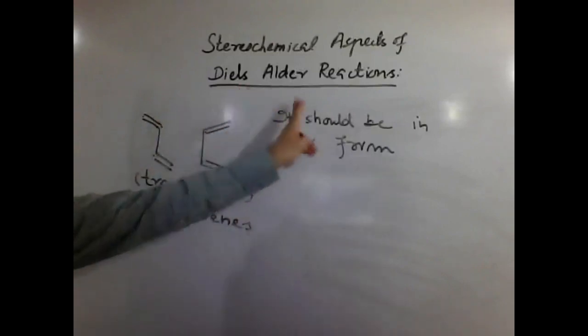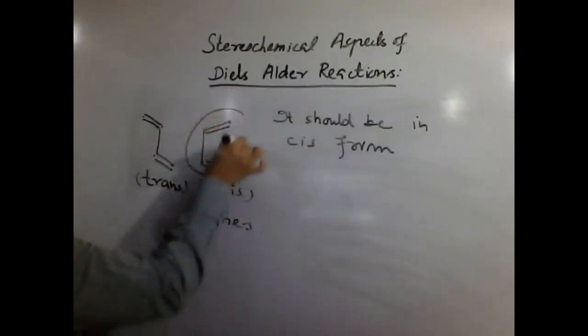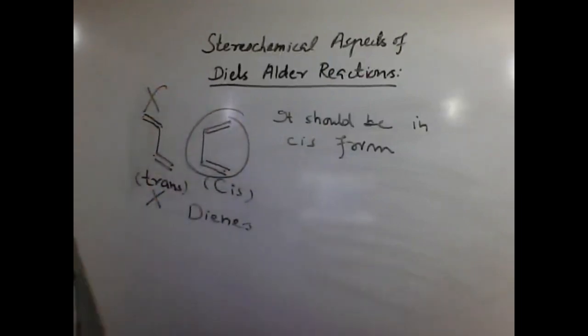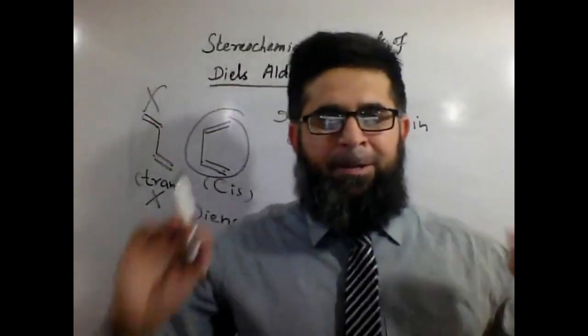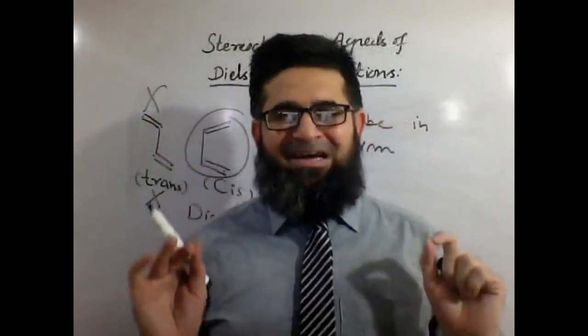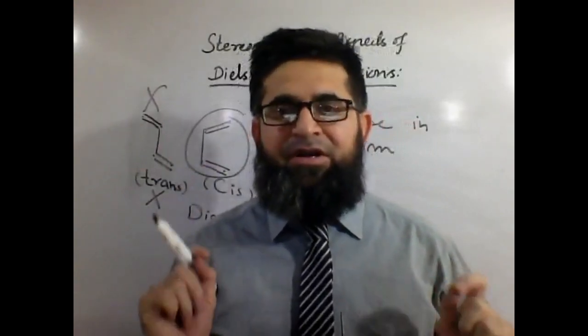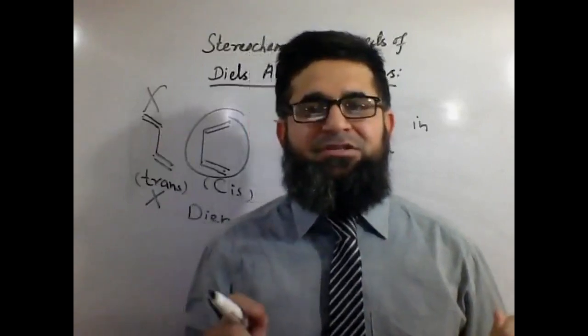For the Diels-Alder reaction, the dienes are always supposed to be cis. The trans ones never undergo the Diels-Alder reaction. So you are supposed to be very clear about that. For the Diels-Alder reaction, the alkenes are supposed to be in cis form.